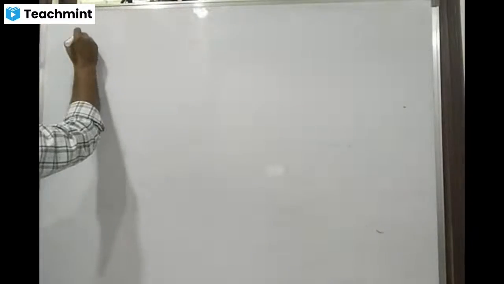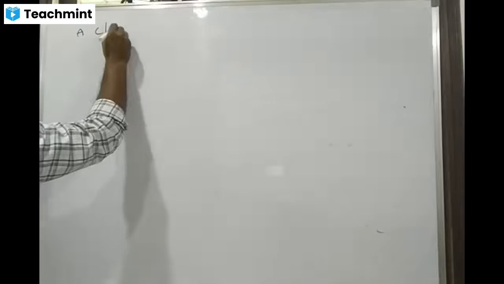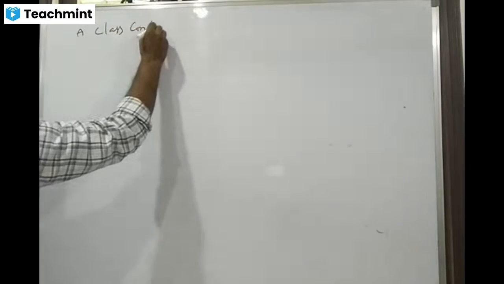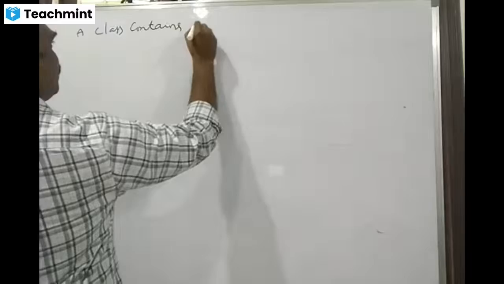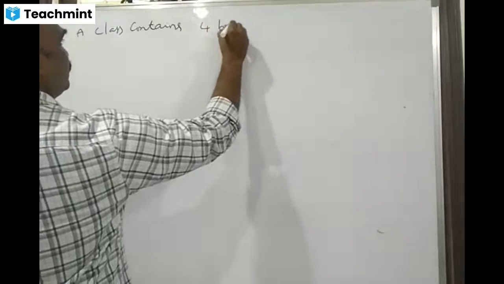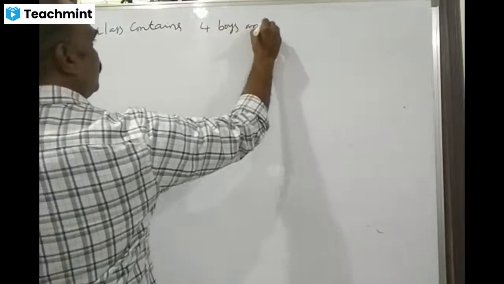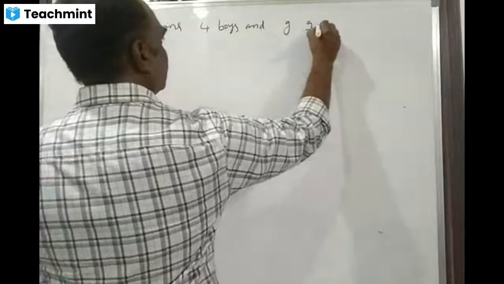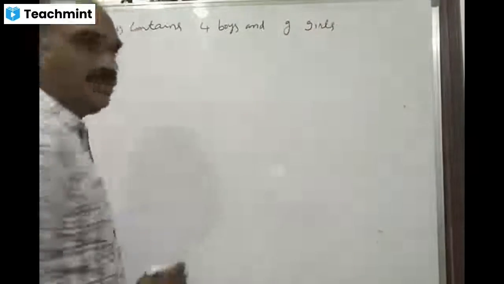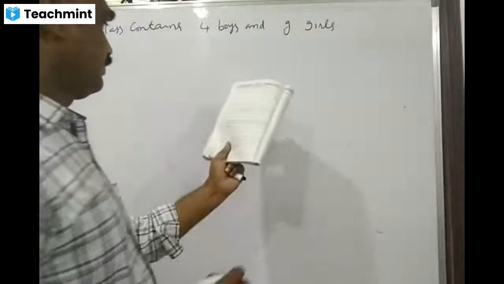Friends, IP last question. A class contains 4 boys and G girls. Friends, here total G girls.